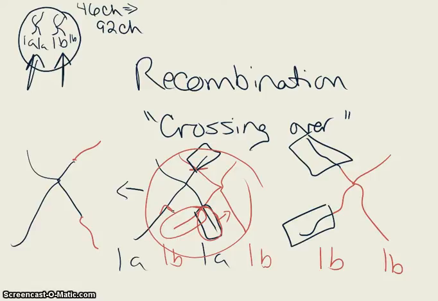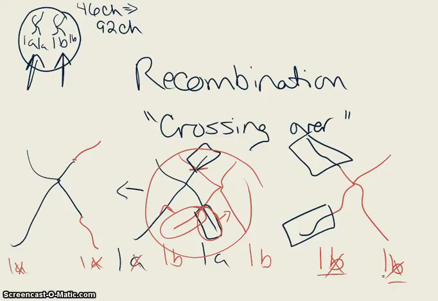So now, instead of having 4 chromosomes where 1A and 1A are identical, and 1B and 1B are identical, now we actually have 4 different chromosomes where none of them are identical. So we really can't use these A's and B's anymore. We just have 4 chromosome number 1s that aren't exactly identical to one another anymore.